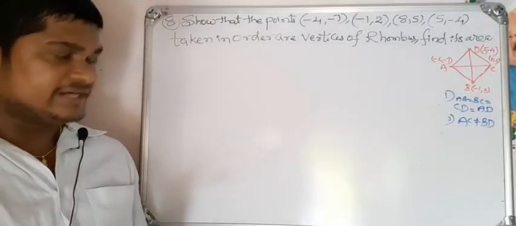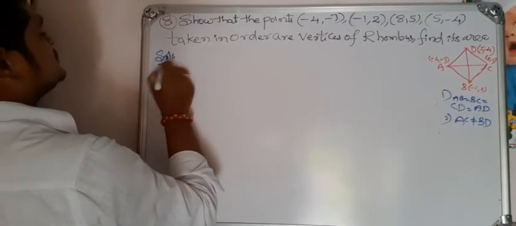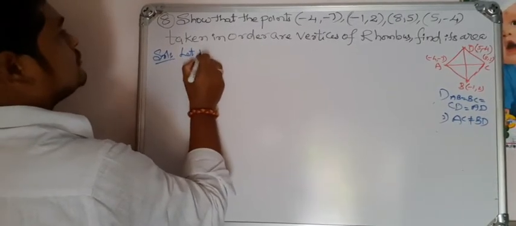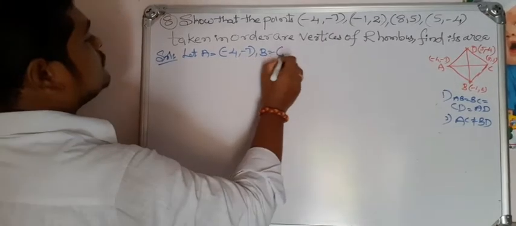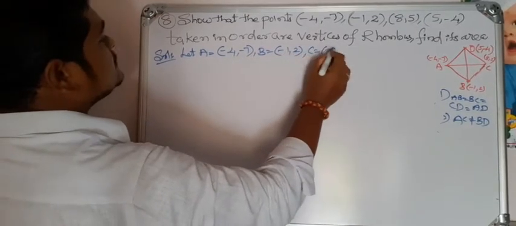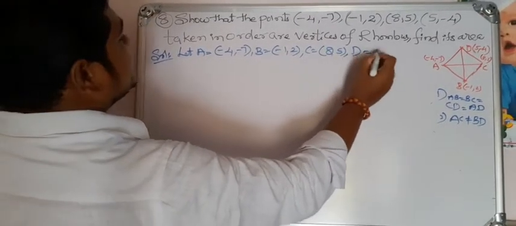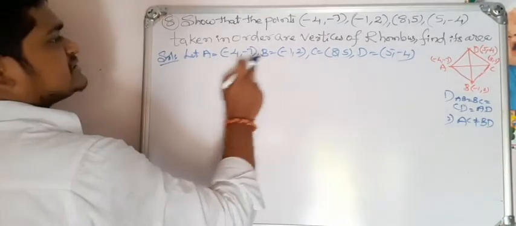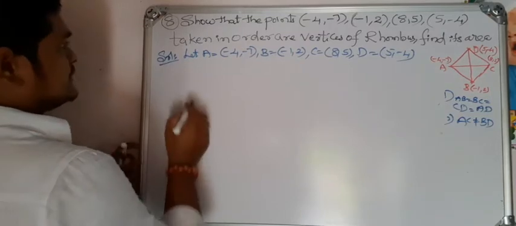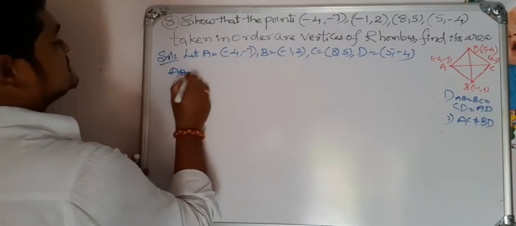Now, coming to the solution, take the given points. Let A be (-4, -7), B be (-1, 2), C be (8, 5), D be (5, -4). And the distance with the help of the formula, root of (x2 minus x1) whole square plus (y2 minus y1) whole square.